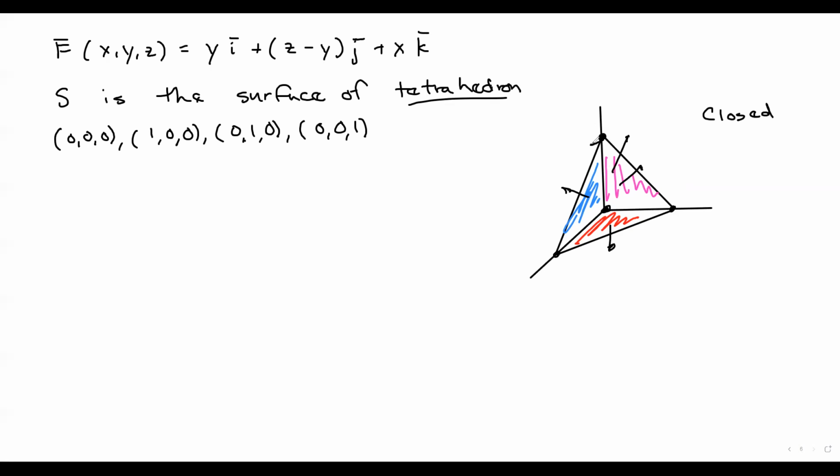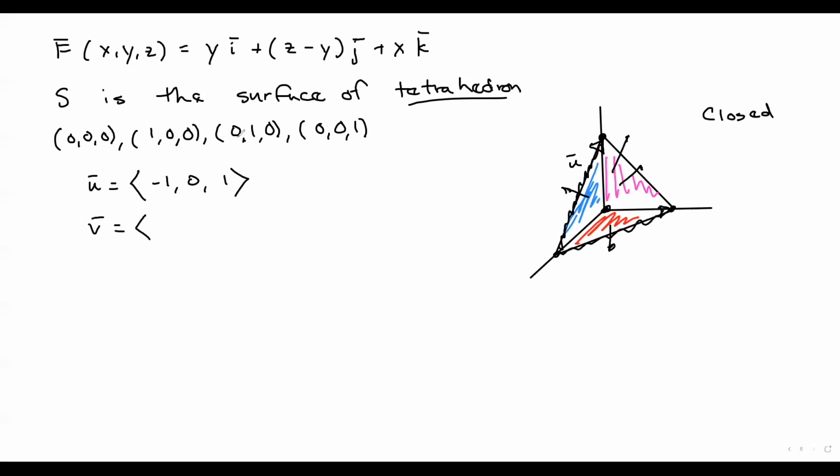Let's define this vector here. That vector starts at 1, 0, 0, and terminates at 0, 0, 1. So you would take this coordinate and subtract this coordinate. We'll call that vector u. So vector u is going to have 0 minus 1, 0 minus 0, and 1 minus 0. Okay, and then let's do the second vector, vector v.